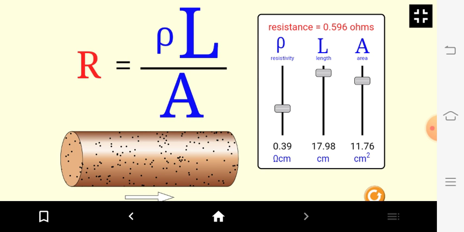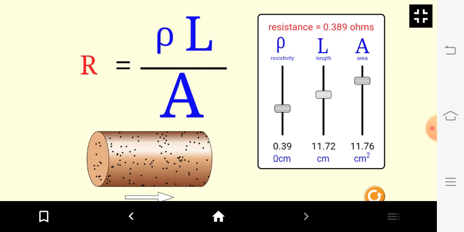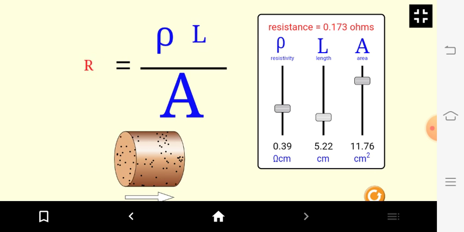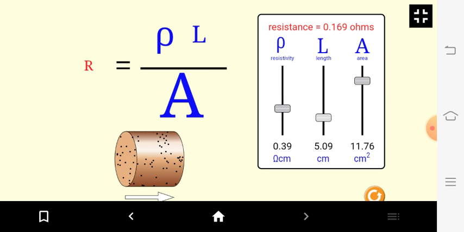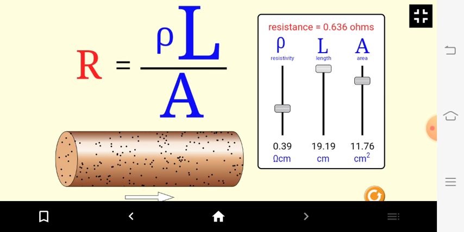It means if you decrease the length, resistance will also decrease, keeping area of cross section constant. And if you increase the length, the resistance will also increase. Here we are keeping area of cross section constant.